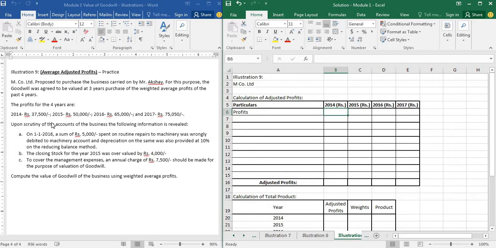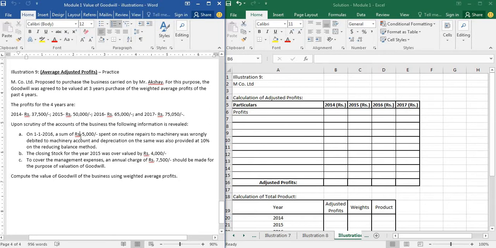The profits are given here. They are already in ascending order, but after adjustments we'll have to check whether they are in ascending order or not. They have given 3 adjustments here. The first adjustment is exactly opposite to what was given in the previous problem. In this illustration it says that on 1/1/2016, 5,000 was spent on routine repairs to machinery.